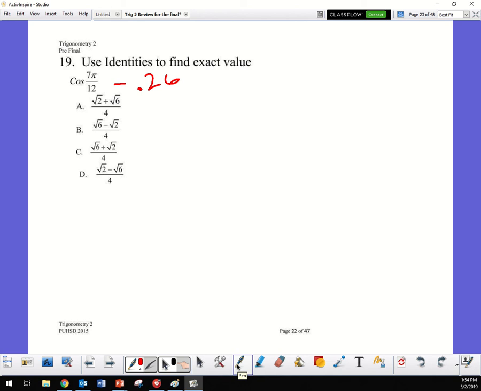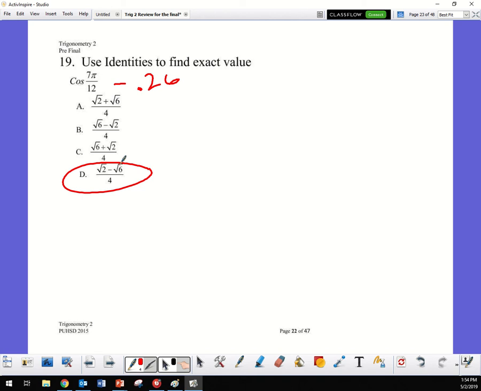D. Are you guys sure about that? Yes. I checked these answers the other day, and that's what I had on the sheet. Yeah, 19 is D.